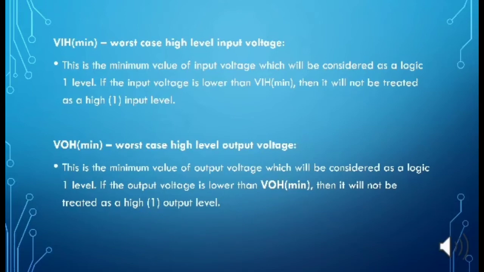VOH, the worst case high level output voltage. This is the minimum value of output voltage which will be considered as a logic 1 level, and if the output voltage is lower than VOH, then it will not be treated as a high or 1 output level.